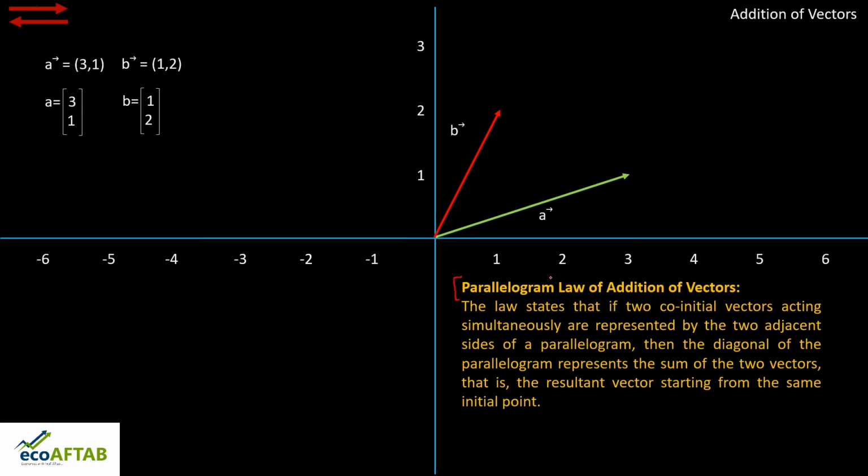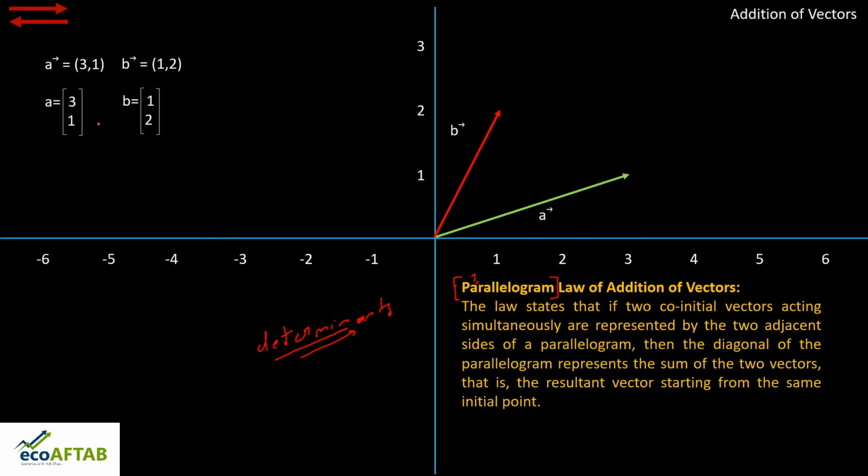The reason for me taking up vectors is to tell what a parallelogram is, because this parallelogram will help us in understanding the concept of determinants in matrices and determinants. My next topic is determinants. So this is just a prequel for us to understand what we mean by determinants.